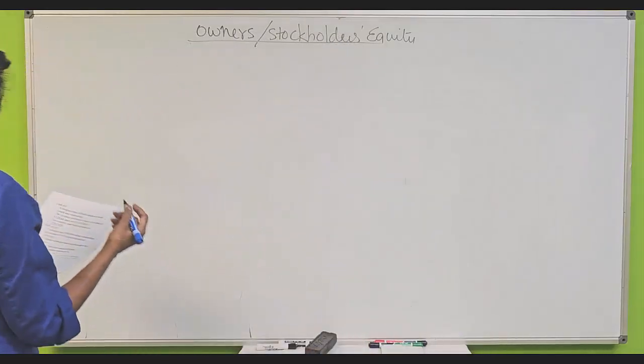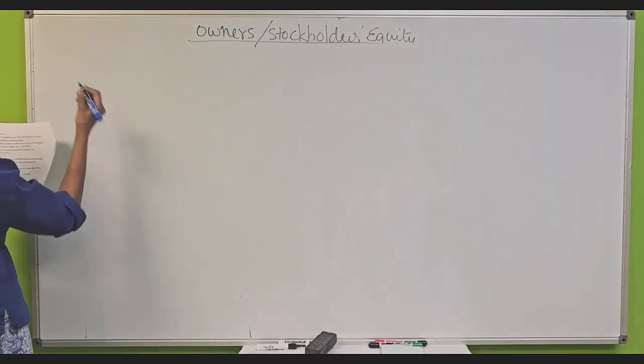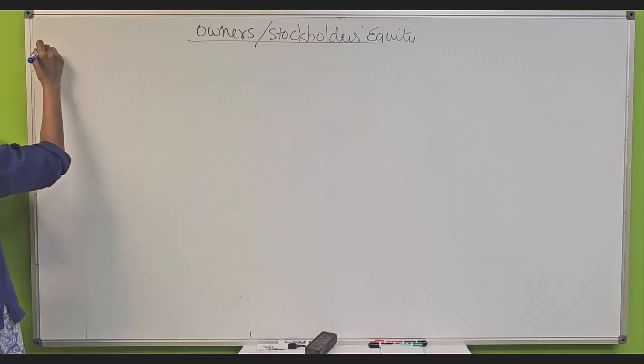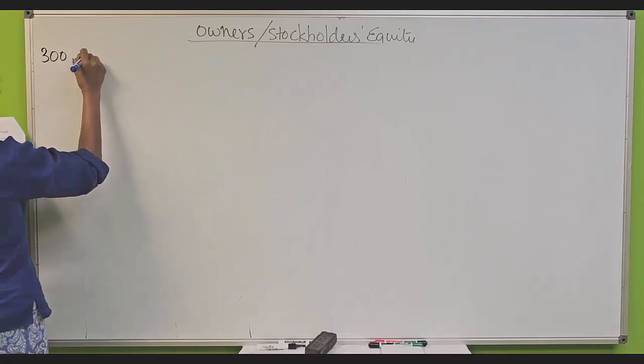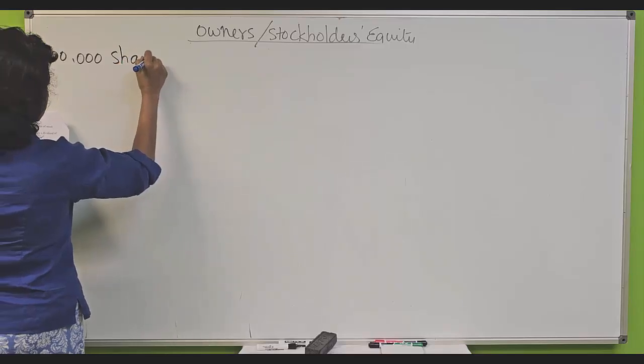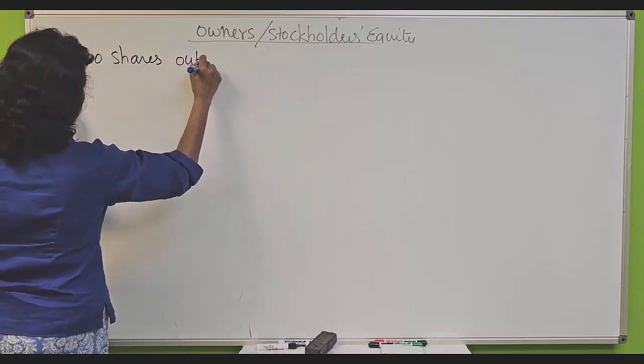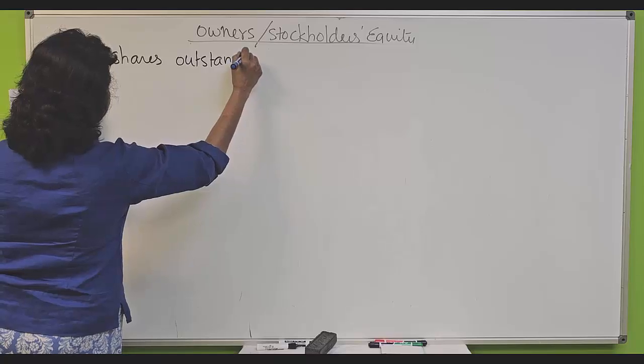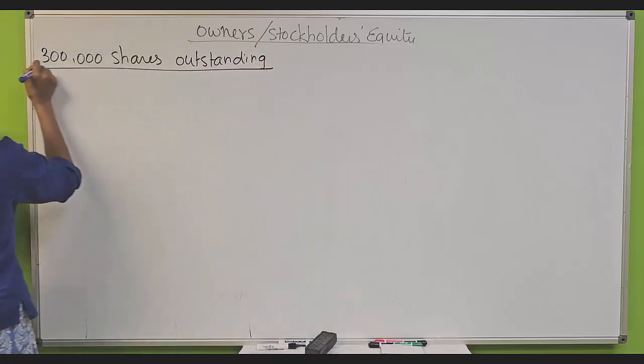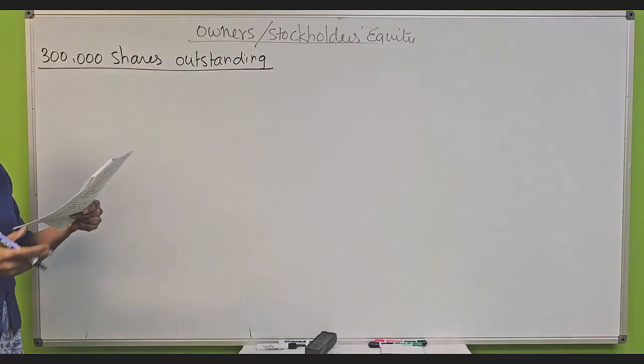So here the company has 300,000 shares outstanding. Outstanding means these are the shares held by the shareholders.